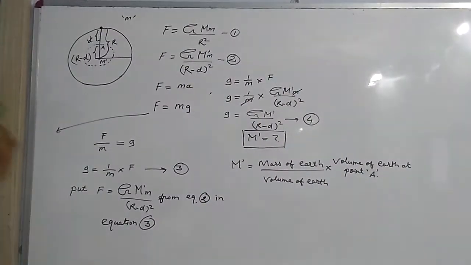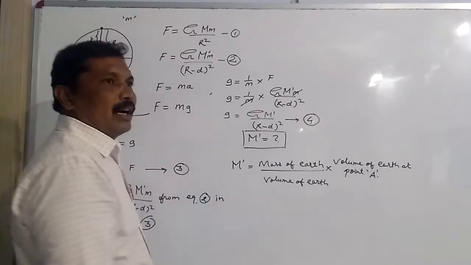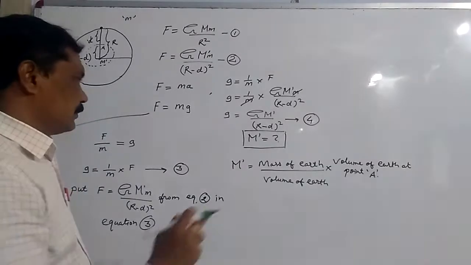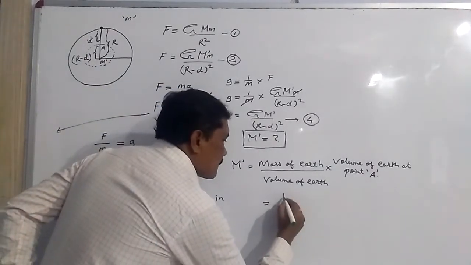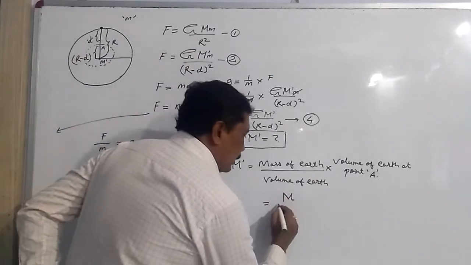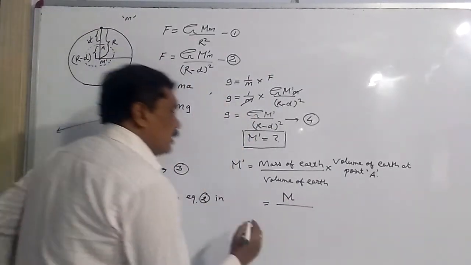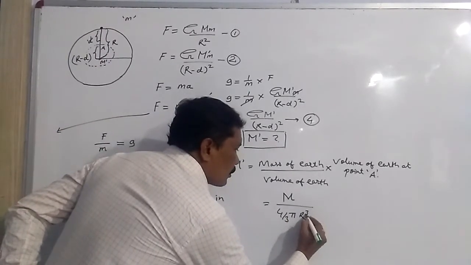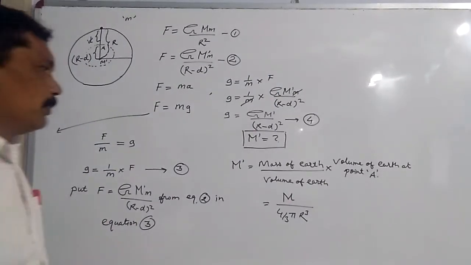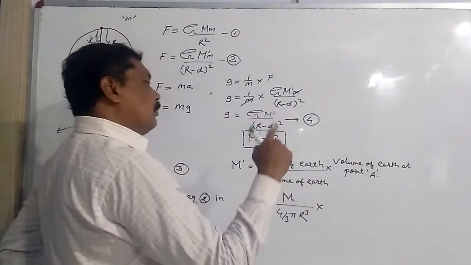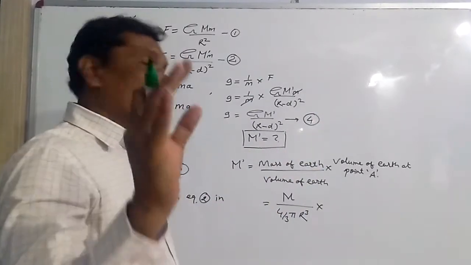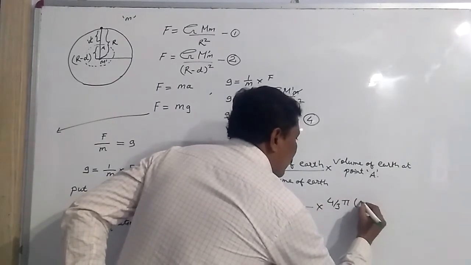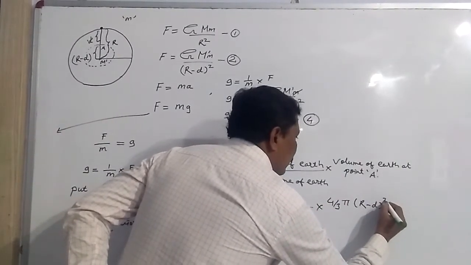M dash is equal to mass of the Earth upon volume of the Earth into volume of the Earth at point A. Mass of the Earth is capital M. Volume of the Earth is 4 by 3 pi R cube, into volume of the Earth at point A, which will be 4 by 3 pi R minus D cube.